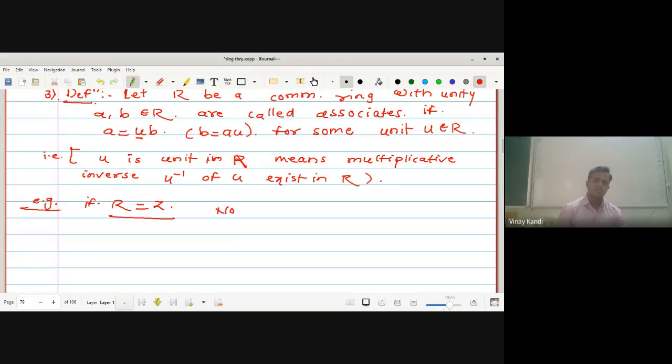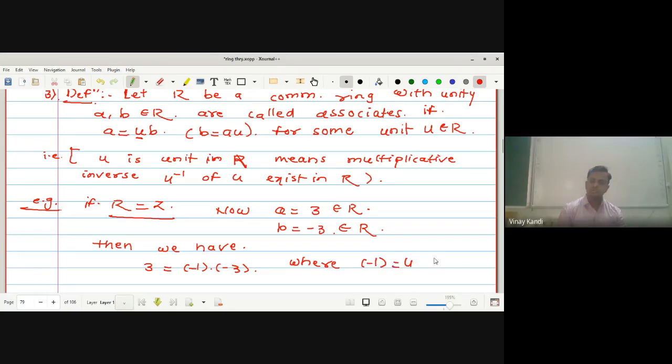Now take A is equal to 3, that belongs to R, and also B is equal to -3, that belongs to R. Then we have that 3 is equal to -1 into -3, where that -1, which is equal to U, belongs to R, that is a unit in R.